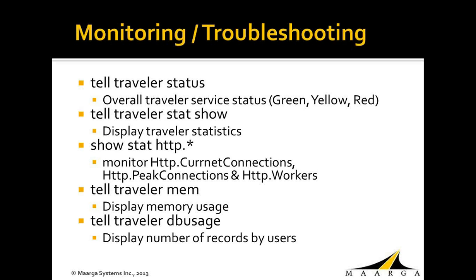So this command will give you an idea of how many documents are there in your Traveler database. If it goes beyond some limit, you should watch out and probably create another Traveler server and make some of the users connect to the new server. Or with the latest version of Traveler, you can even create a highly available Traveler configuration and make users load balance between the Traveler servers.